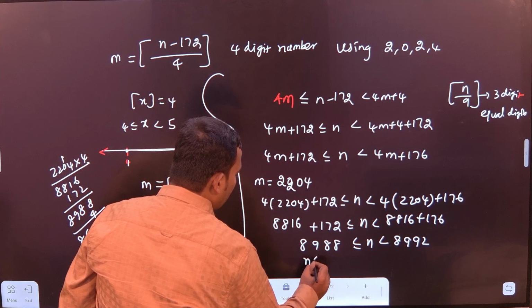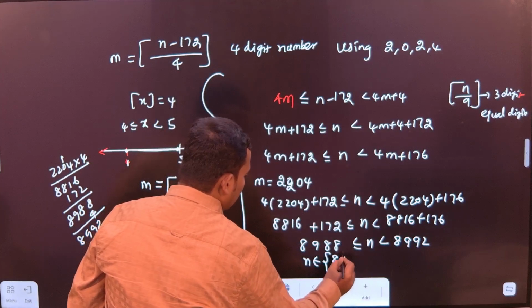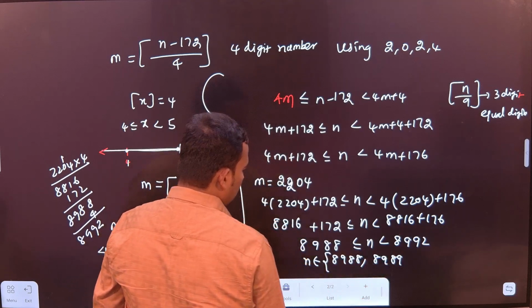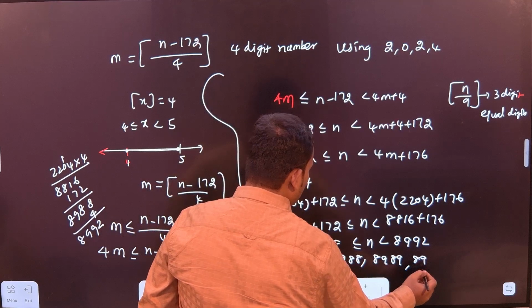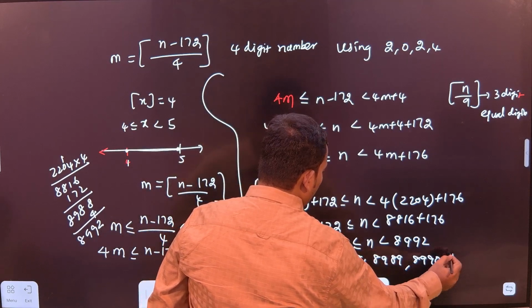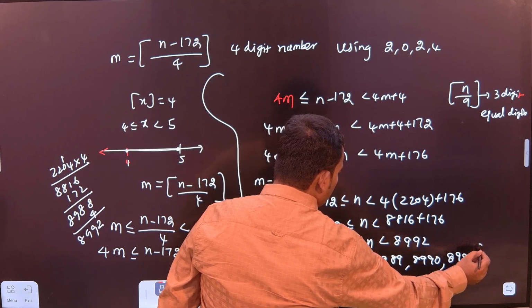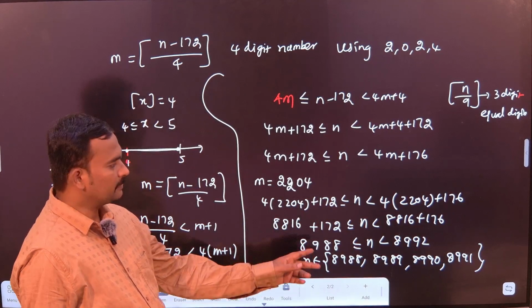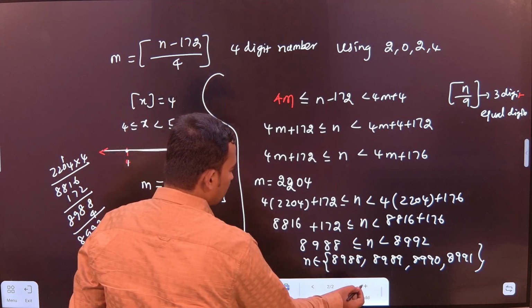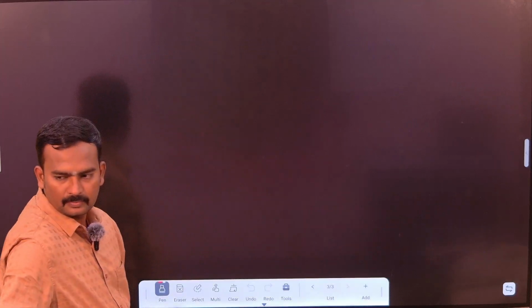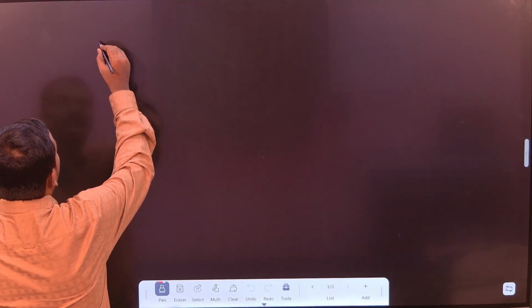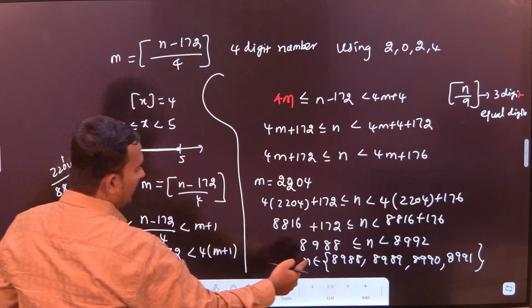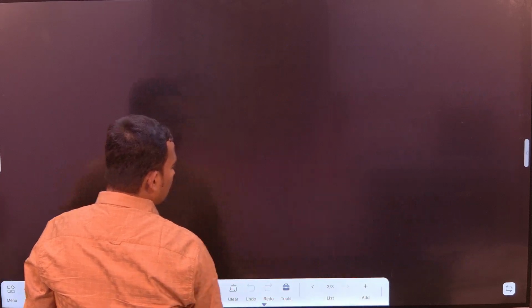So n belongs to 8988, 8989, 8990, 8991. These are the only integers you can take, right? Understand? Now let us take n as 8988 and substitute.